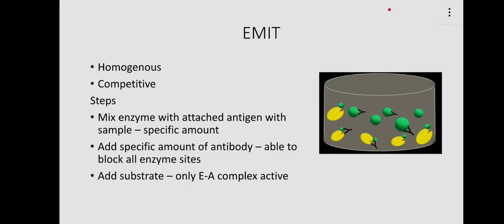So to this enzyme is added the analyte. So this is the analyte. Okay, so we have free analyte from the sample, and we have the enzyme with the bound analyte.